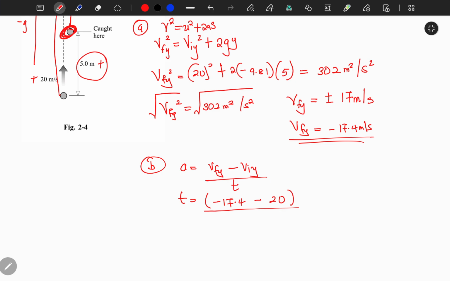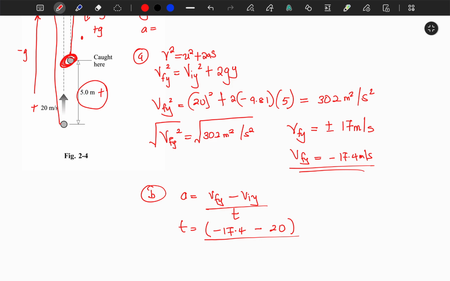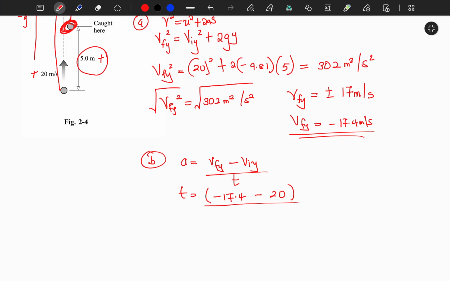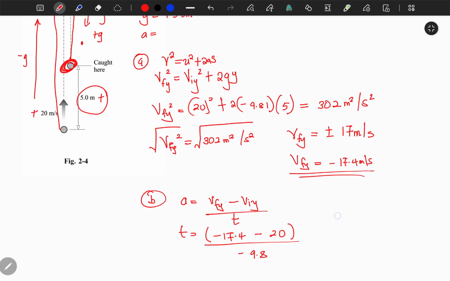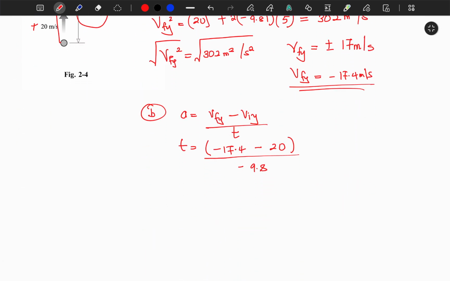How do we have the acceleration, by the way? Do we have the acceleration? Yes, we do. It's the value of gravity, so negative 9.8. Take the entire trip.